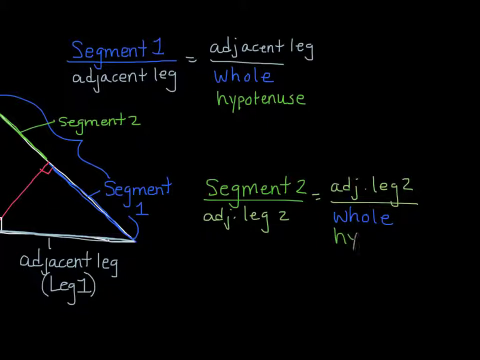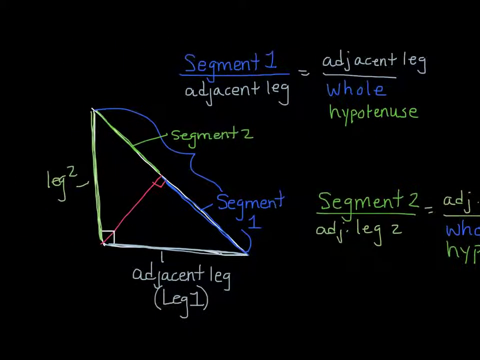So the trick here is identifying the correct leg, and all you need to remember is that you always use the leg that's touching the segment you're trying to find. If I want to find segment 2, I use the leg that's touching it.